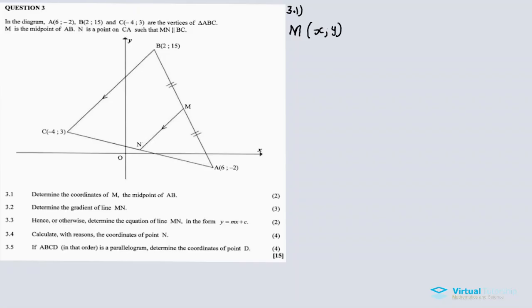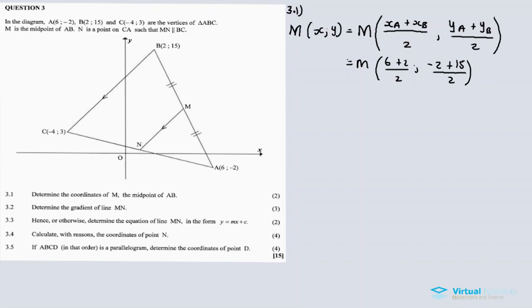The midpoint M is X and Y. So this is equal to M, XA plus XB over 2, YA plus YB over 2. Then we substitute XA is 6, XB is 2, divided by 2, YA is minus 2, and then YB is 15, divided by 2.